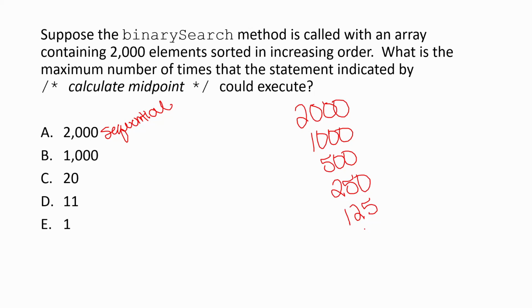I'm going to get 62 because we're going to cut in half, but not keep the decimal. Cut that one in half. Again, not a perfect number. Just cutting in half, keeps cutting in half. We're down to the last number.